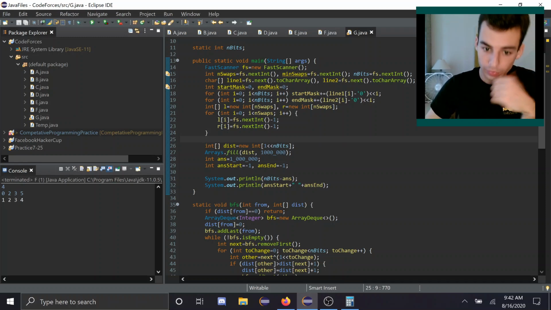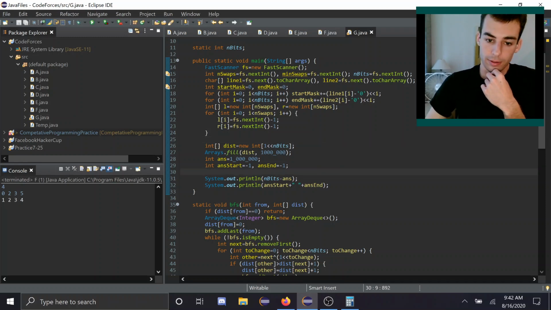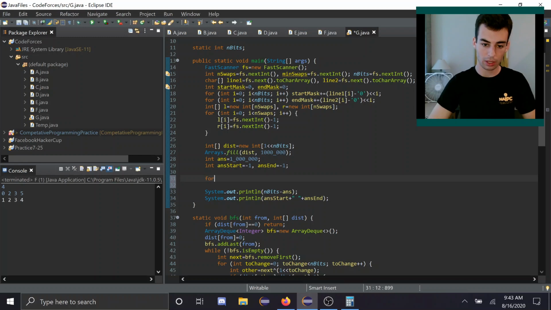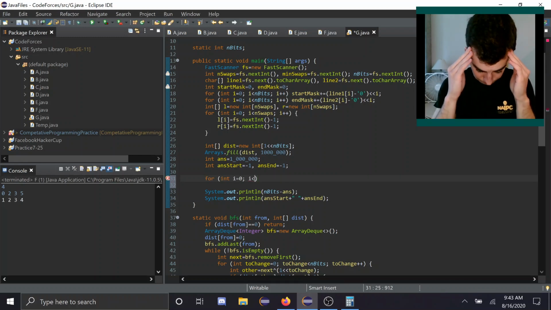All right. Now, int I equals 0, I is less than min swaps.